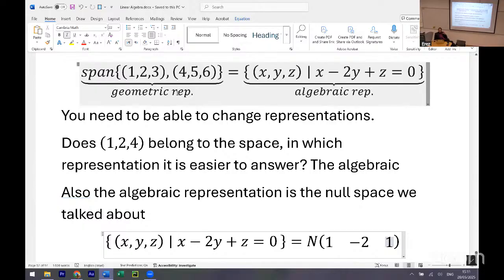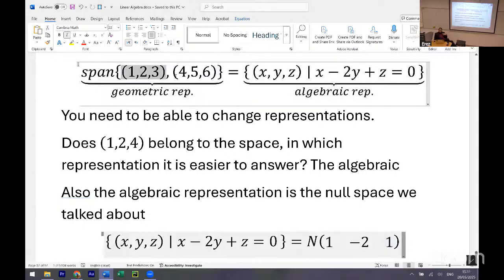And like I said, because we wish to talk about dimension, in order to define dimension, we will need to talk about the number of vectors needed in the geometric representation. It's actually the minimal number of vectors needed, because you can add more unnecessary vectors that can be created from these two, but you cannot represent this subspace with only one vector.